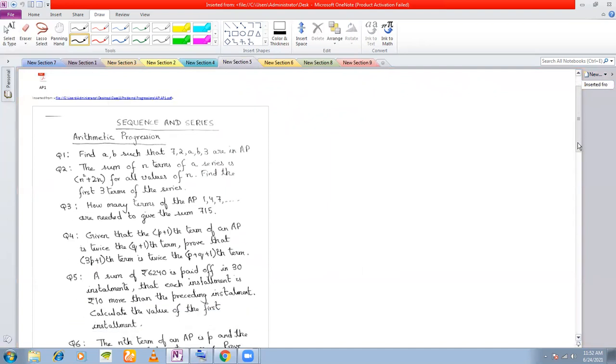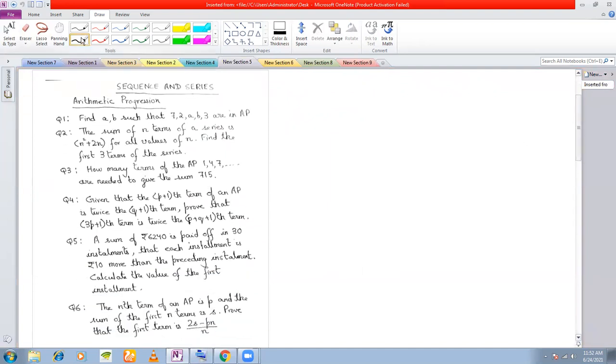Okay, first problem. Find A and B such that 7, 2A, B, 3 are in AP. So given here 7, 2A, B, 3 are in AP. Okay, so we take the first three terms. So we have 7, 2A, B are in AP.